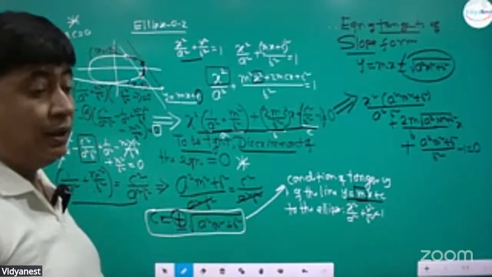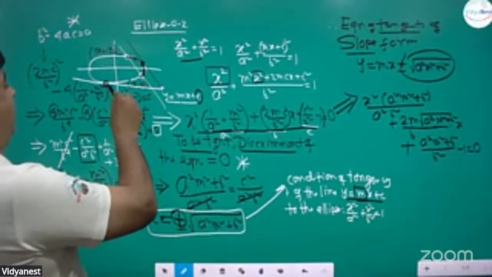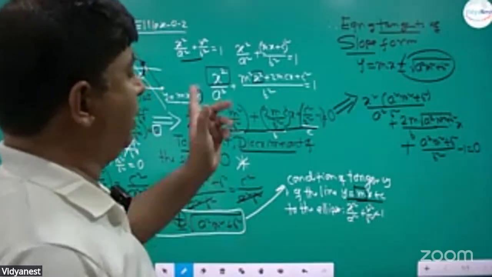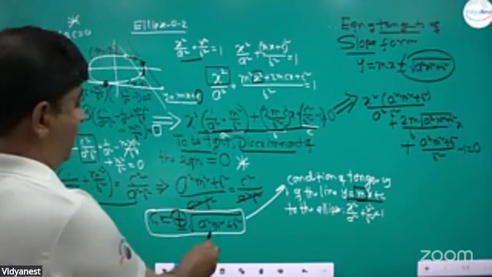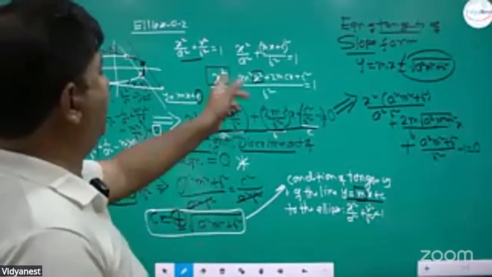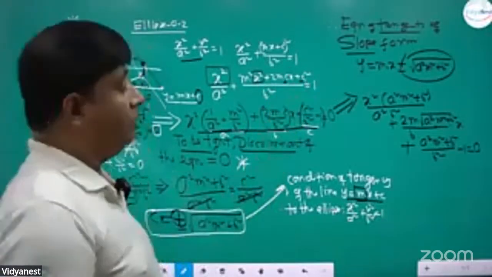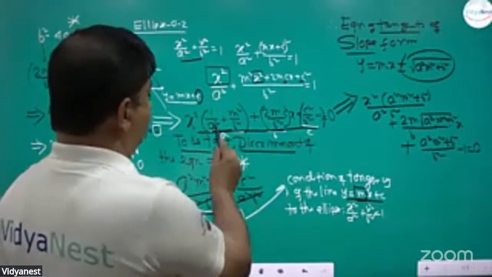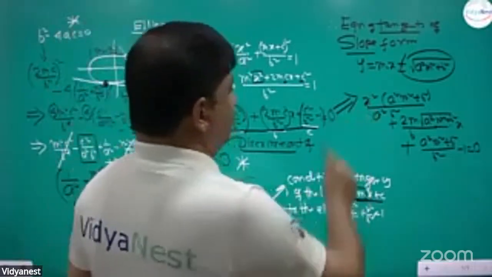Why? Now our aim is to find the point of contact, this point and this point. See, point of contact. What we have done? That C's value is plucked and placed in place of this C. See, this equation, we see the arrow sign is there.